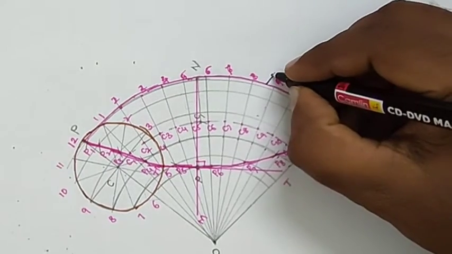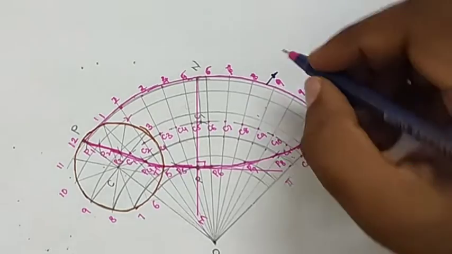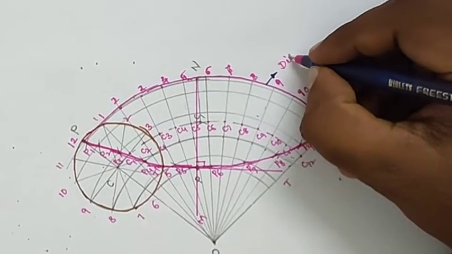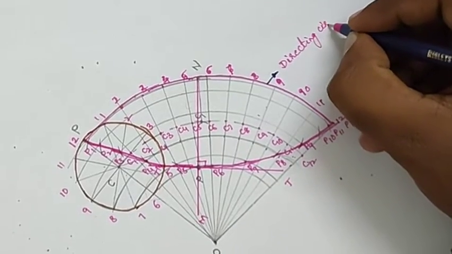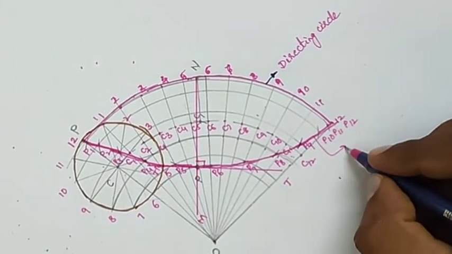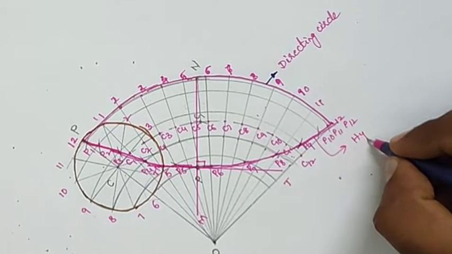So here this one we can call the directing circle. This curve we can call the hypocycloid.